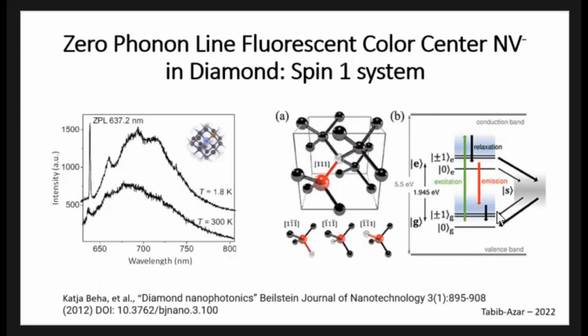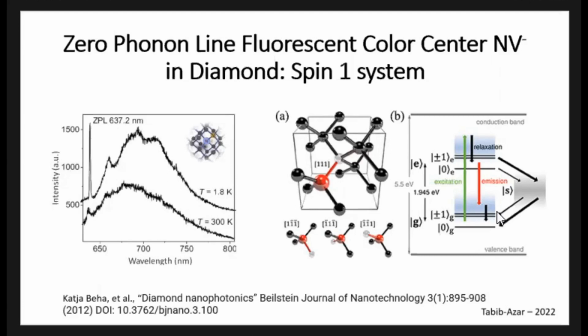If the laser is not specially polarized, or if you don't do any special thing, eventually you start pumping lots of electrons into the zero spin level of the NV minus defect in diamond. So these electrons are in the zero spin state, which means the electron with the spin up is matched with the electron with the spin down, so the net spin is zero.